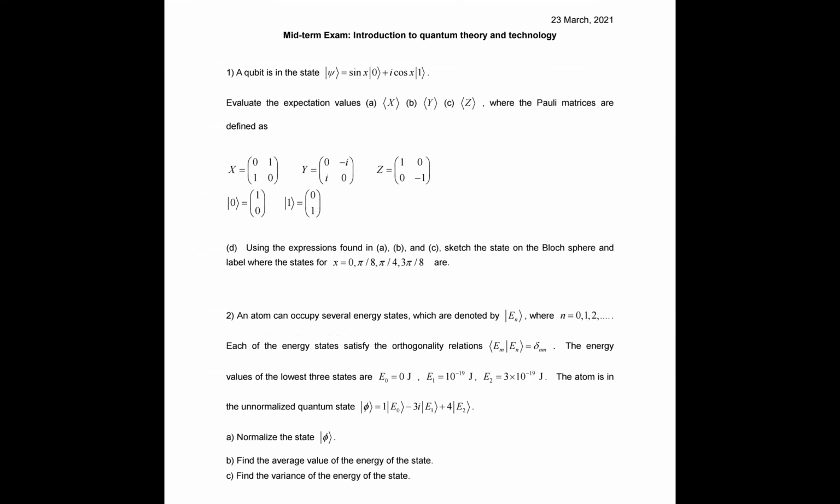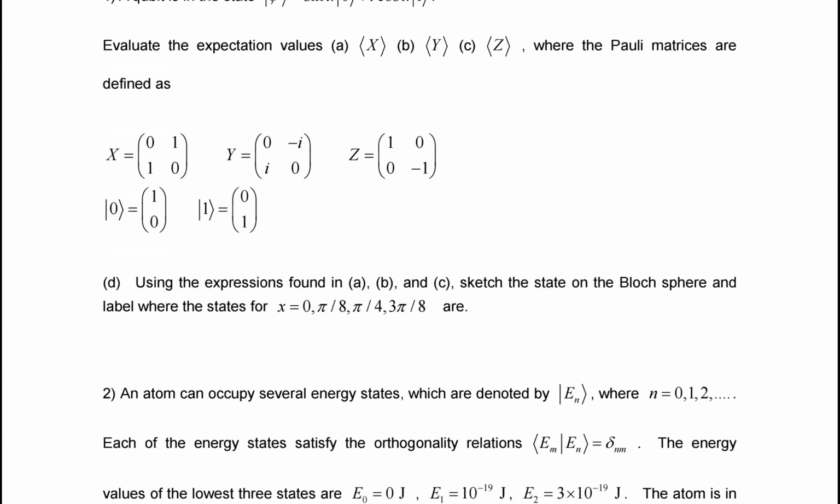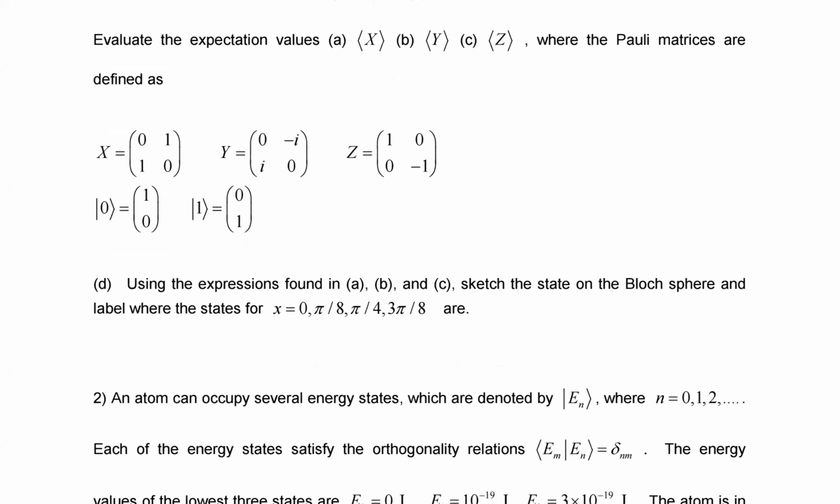So the first question is to evaluate expectation values of X, Y, and Z. Now, basically, for this one, what we'd be doing is to just use our formula for the expectation value.